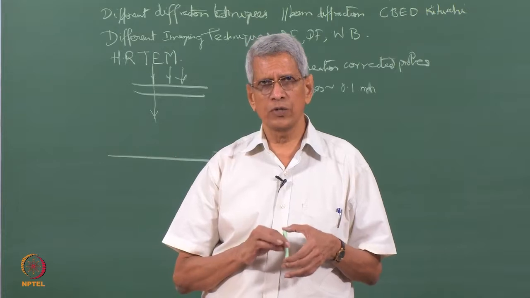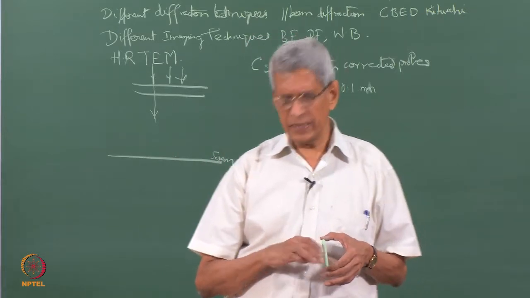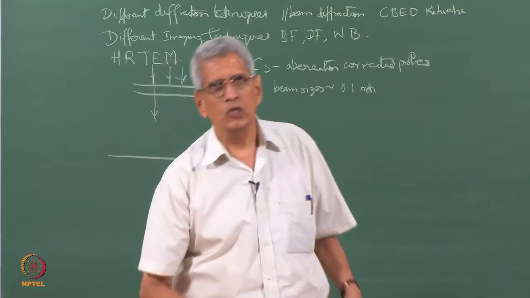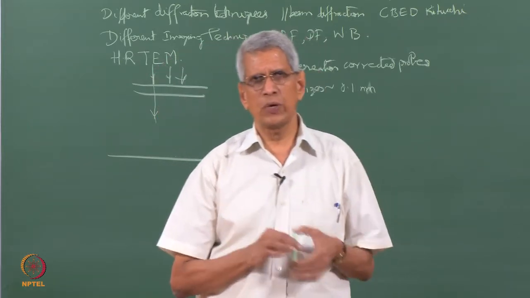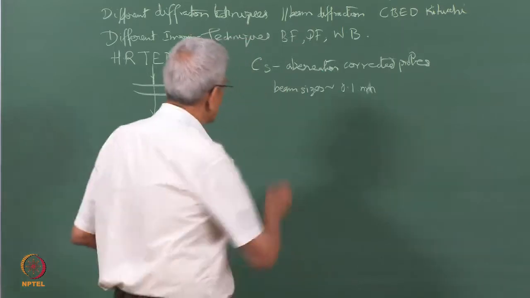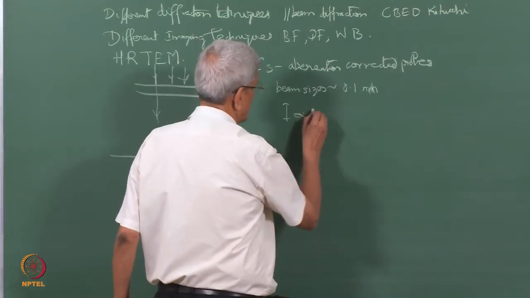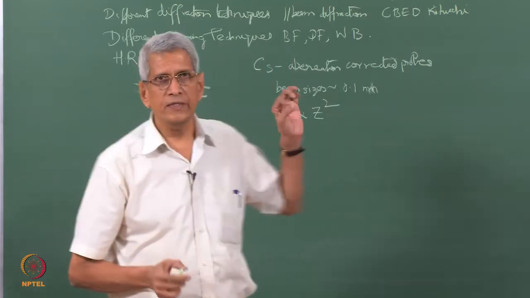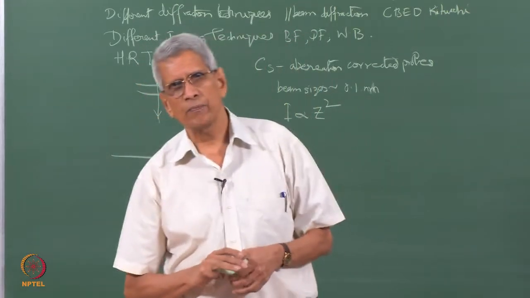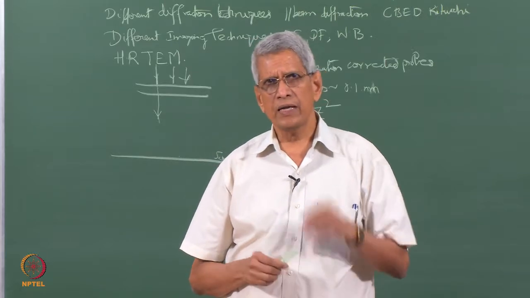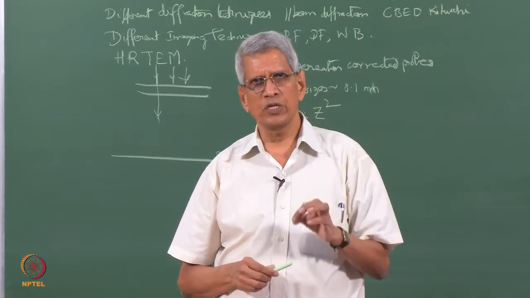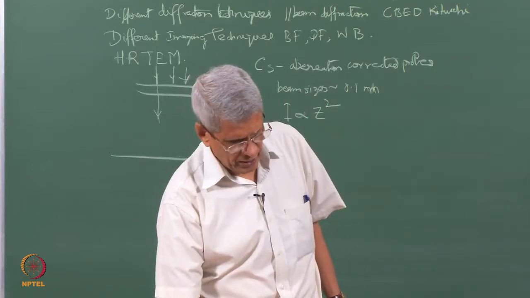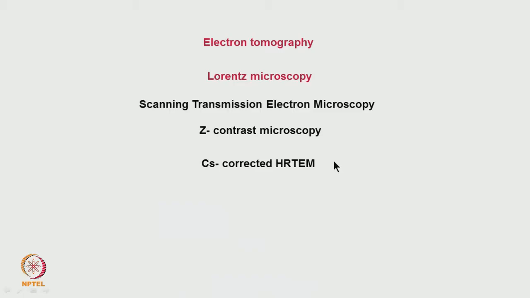So, these are all incoherent scattering, and the intensity of the scattered radiation is proportional to Z squared, the atomic number, that is intensity I is proportional to Z squared. Okay. And here again, since we use a beam which is very fine, we can get atomic resolution information about the position of atoms in that sample. This aspect also has been already covered.